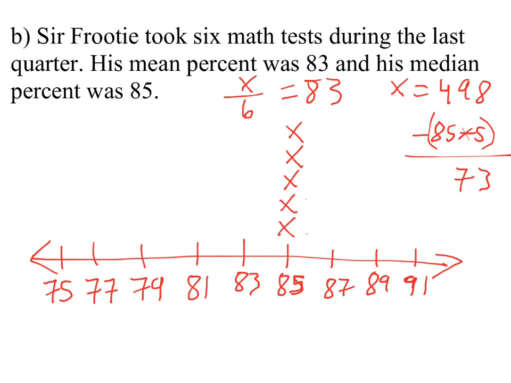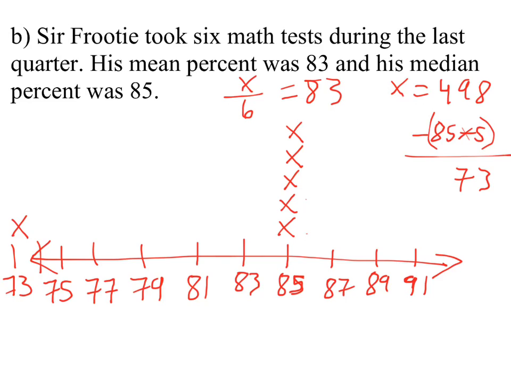So if I were to come down here and just go down to 73, that can be my other number. And that one would be good to go. Yeah, because if you add them all up, divide by 6, you get 83.